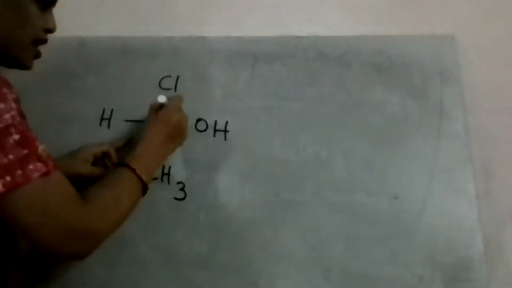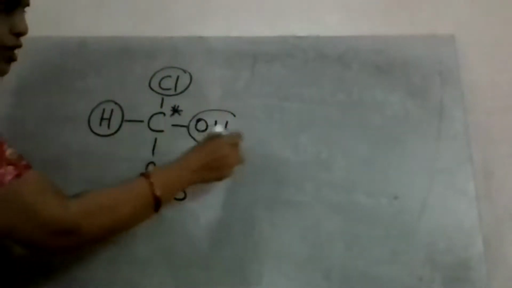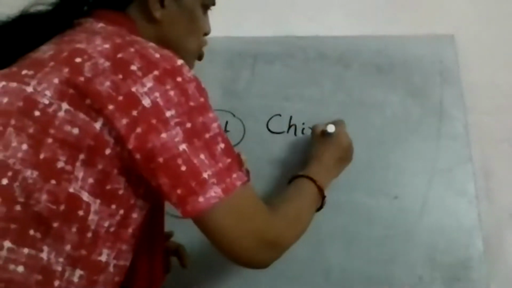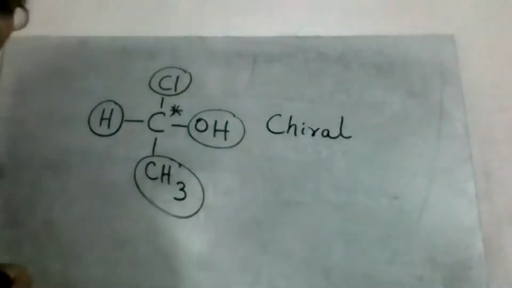Since this carbon has 4 different groups attached to it, H, Cl, OH and CH3, this carbon is an asymmetric carbon atom, and usually asymmetric carbon atoms are chiral in nature. They show the property of chirality.